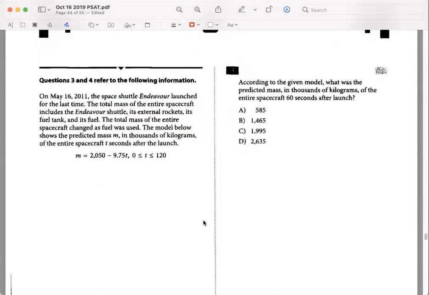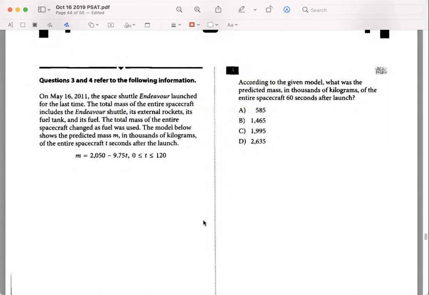Question 3. On May 16, 2011, the space shuttle Endeavour launched for the last time. The total mass of the entire spacecraft includes the Endeavour shuttle, its external rockets, its fuel tank, and its fuel. The total mass changed as the fuel was used.